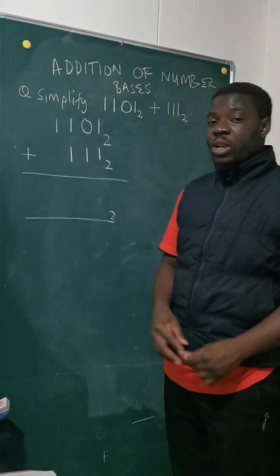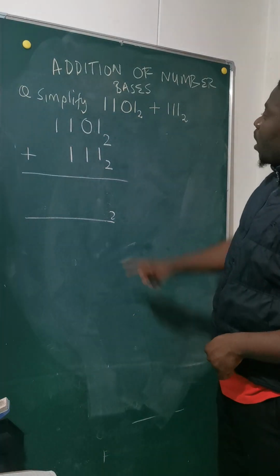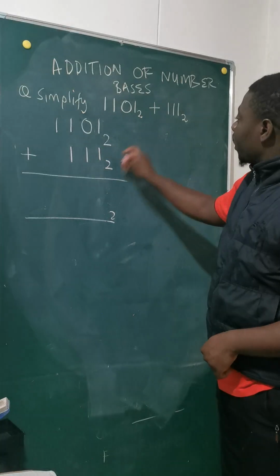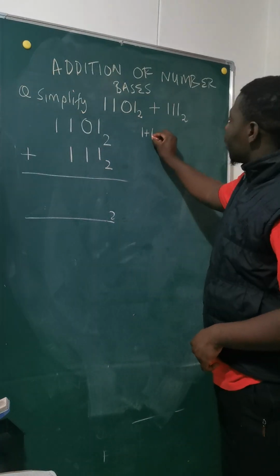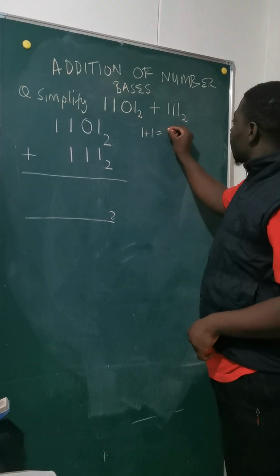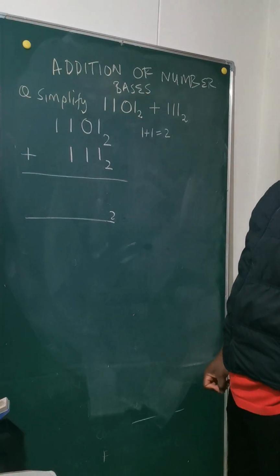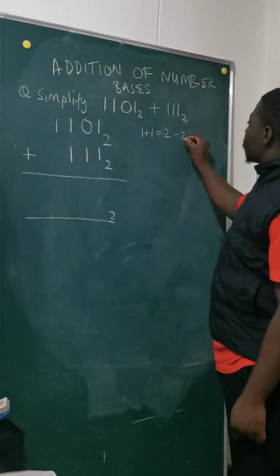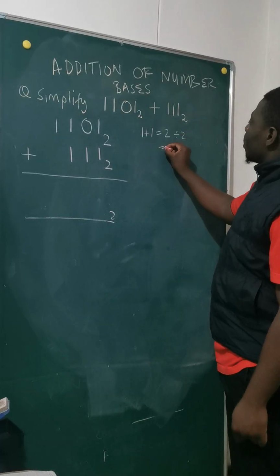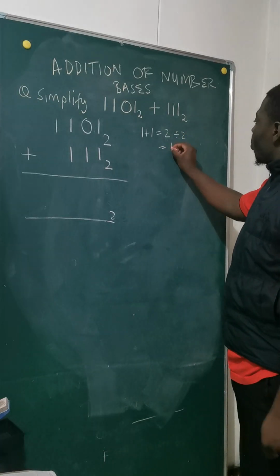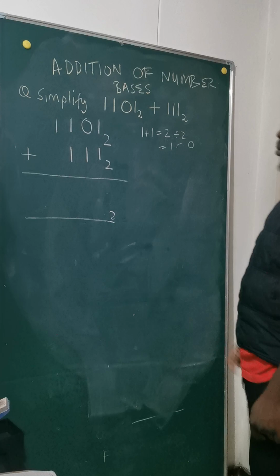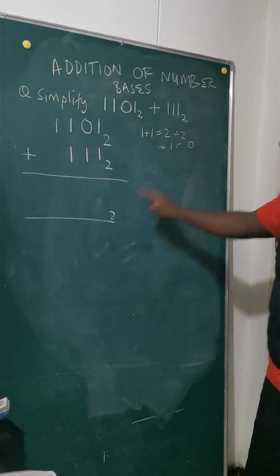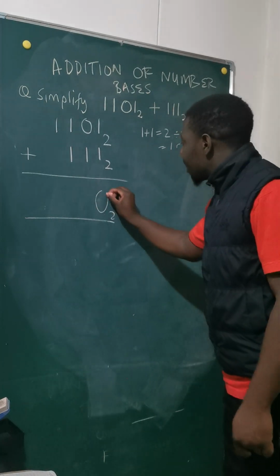Right, then what we do now is we say 1 plus 1. Our answer is 2. Right. But because we are in base 2, we divide by 2. Then we say 2 divided by 2 is equal to 1, remainder 0. We write the remainder here. So our remainder is 0.